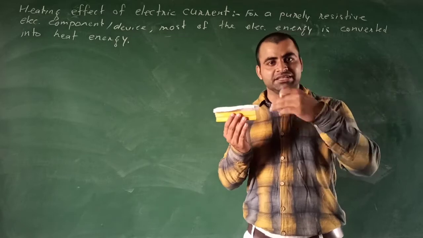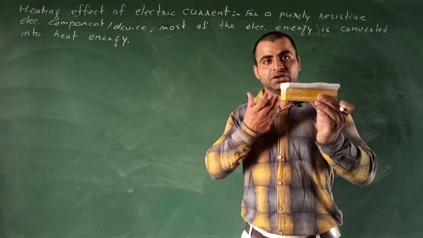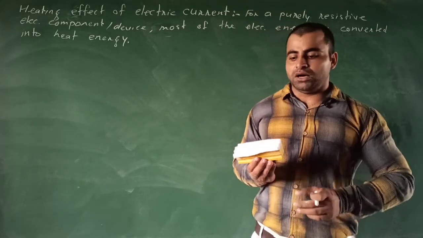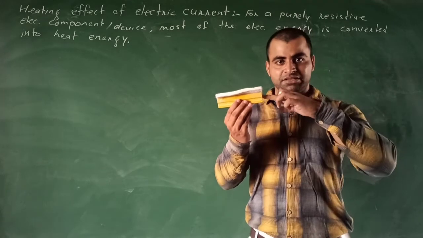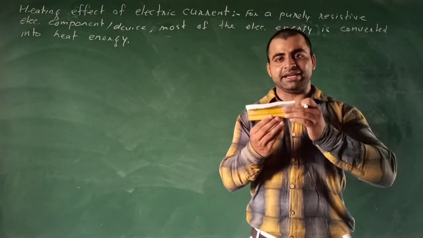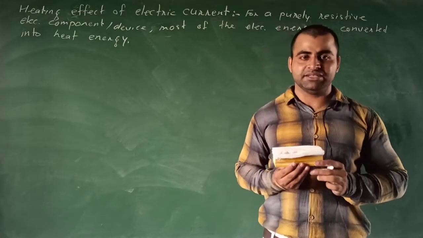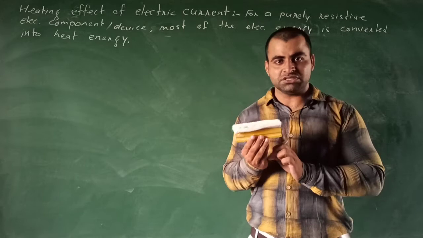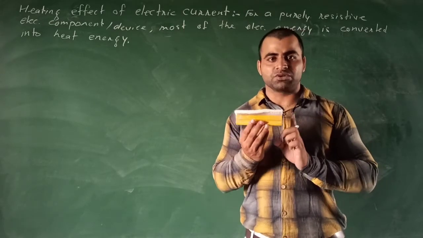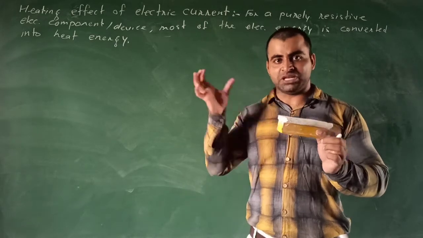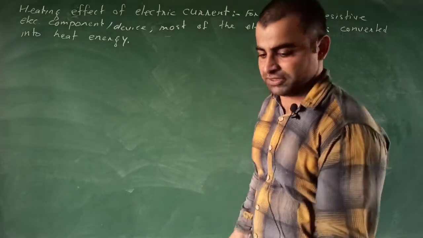Most of the electrical energy is converted into heat energy and the device will be hot. If it is an electric iron, then we give it electric current and it will be hot. This is the heating effect of electric current. For a toaster, microwave oven, electric bulb, and geysers, the same phenomenon works, meaning the heating effect of electric current is used there.